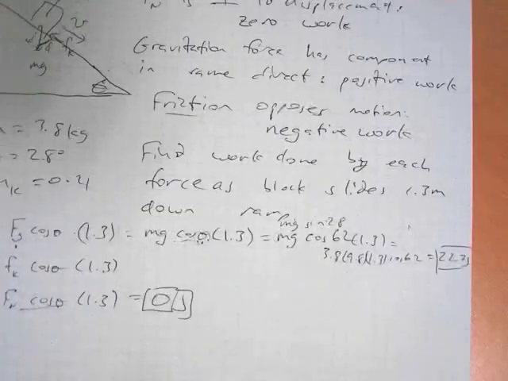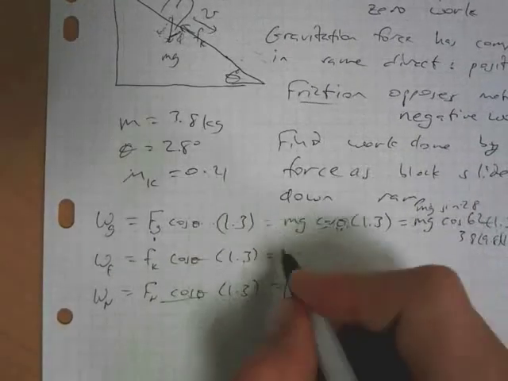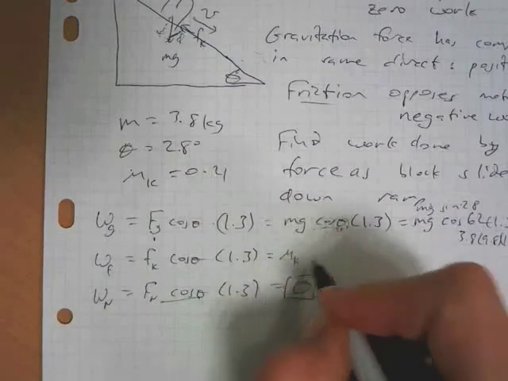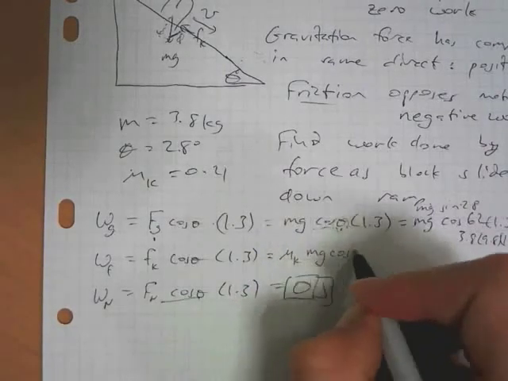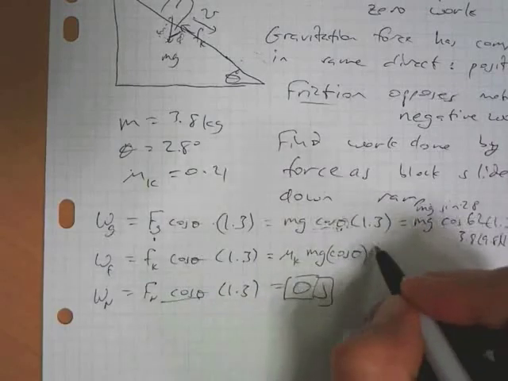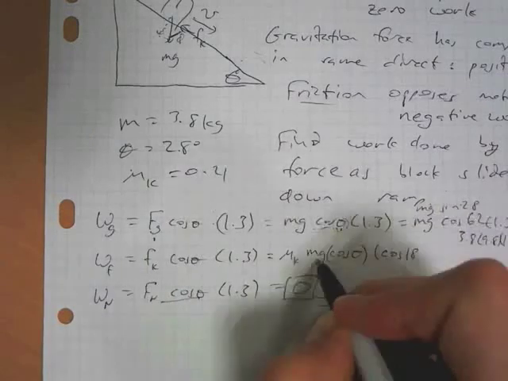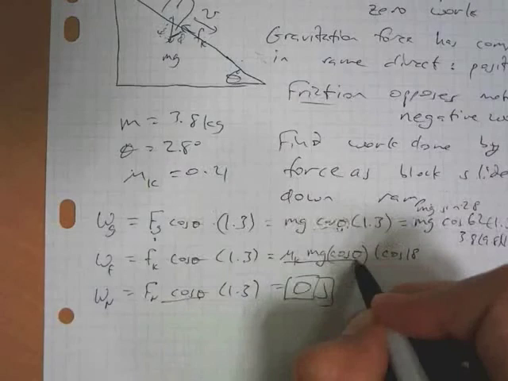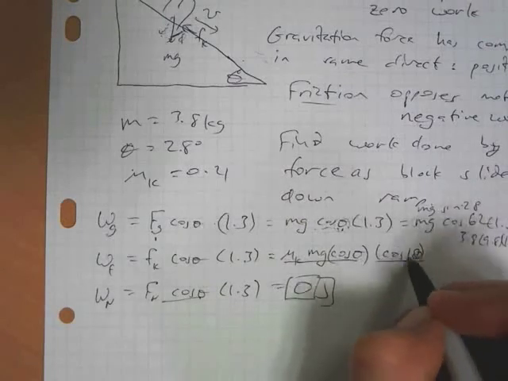And then for the frictional force, we've got mu k times normal force, which in this case we know is mg cosine theta, times cosine theta. So this is the frictional force. Then this is the angle between, or 180, sorry. This is the angle between the friction and the displacement.